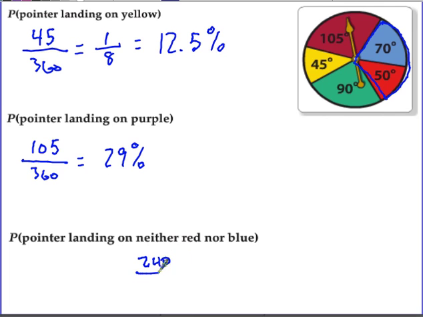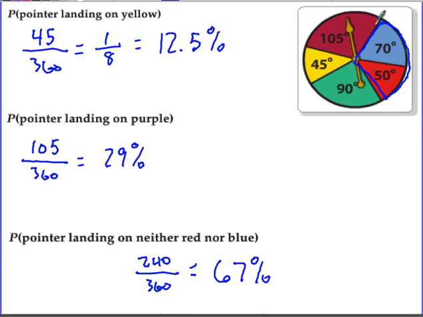So 240 over 360, and give me the percentage there. So about 67%, right? 66.7%.